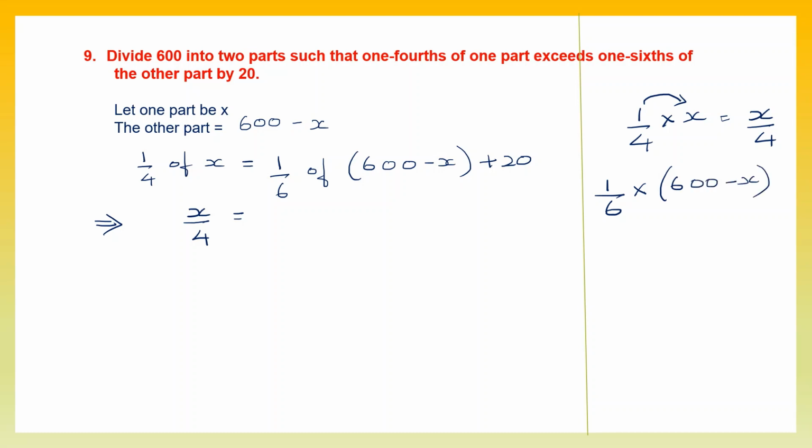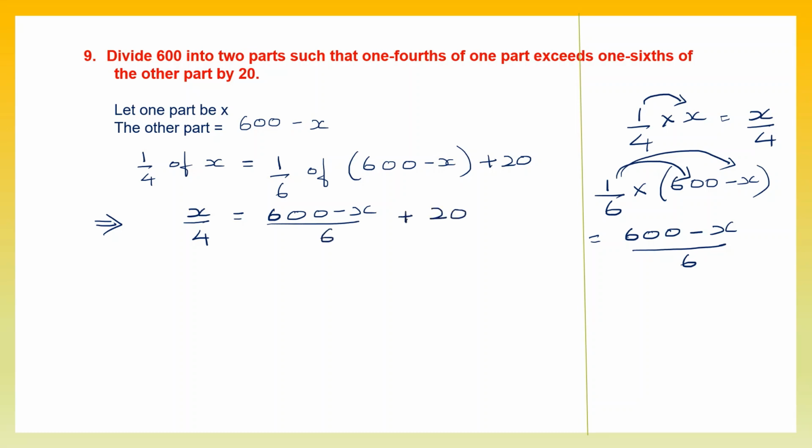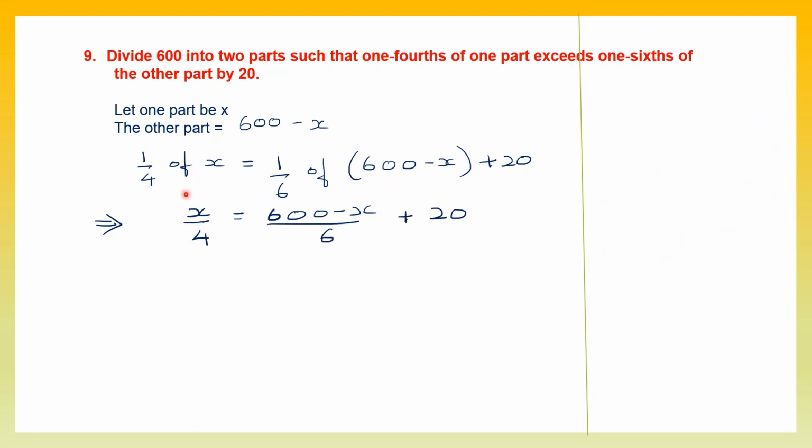So 1 into 600 first and then 1 into minus x. 1 into 600 is 600. 1 into minus x is minus x. So this is 600 minus x by 6, and we still have plus 20. On the left hand side we have x by 4, and on the right hand side we have 600 minus x by 6 plus 20.